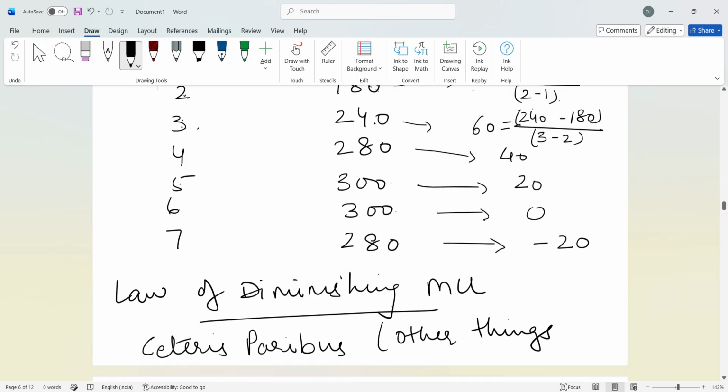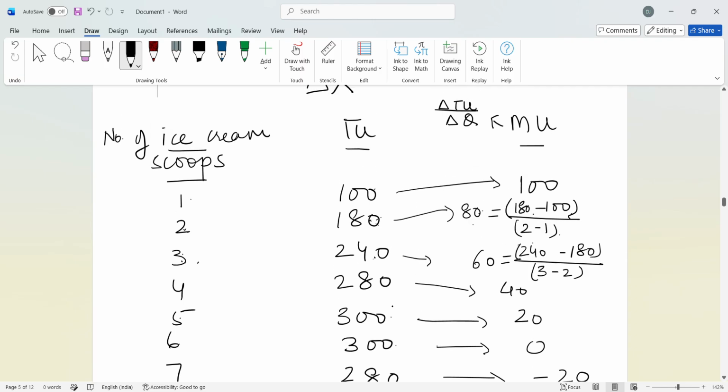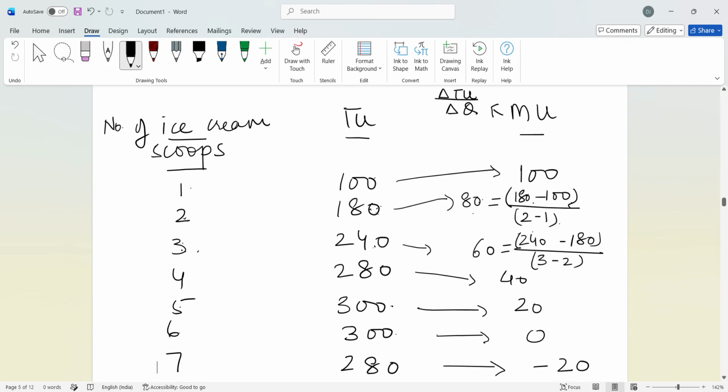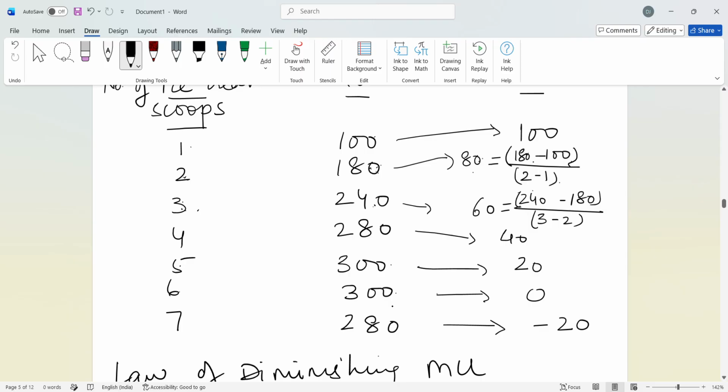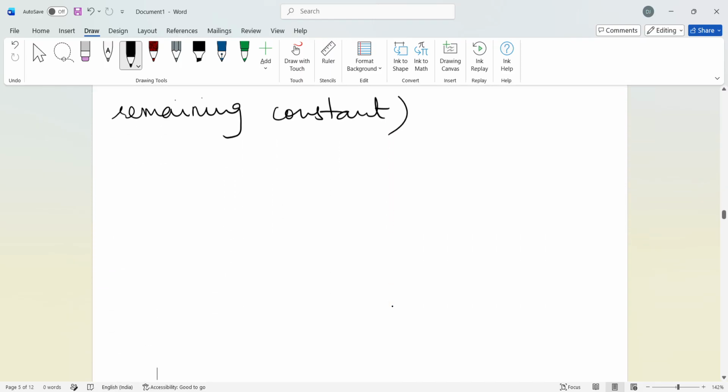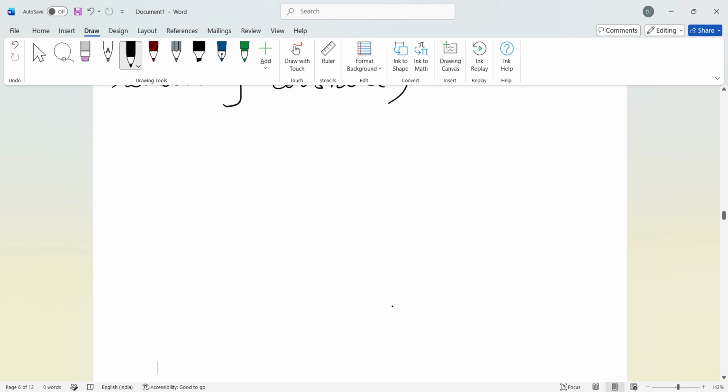Now, given this table, I'll recommend you to plot it yourself. If you plot these numbers, you will see the graph will be something like this.